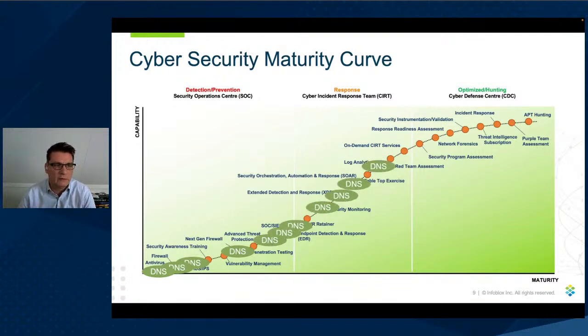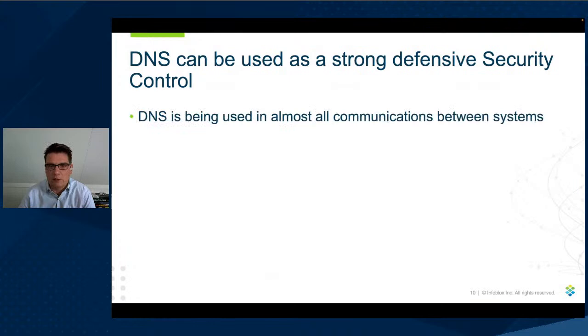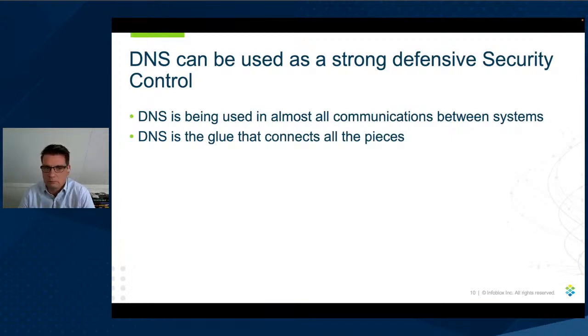So that makes DNS a very important network communications protocol. And it can also be used as a very strong defensive security control, because DNS is being used in almost all communications. You could say that it's the glue that connects all the pieces.